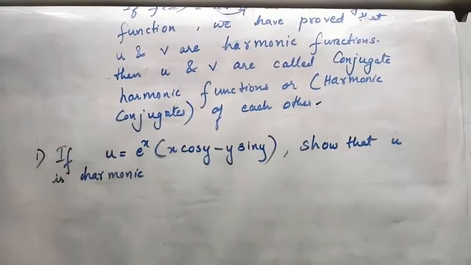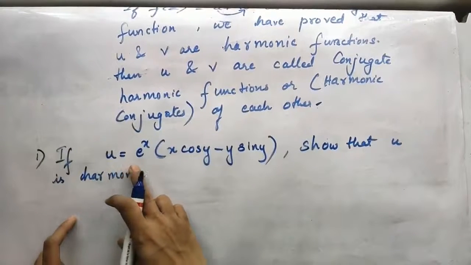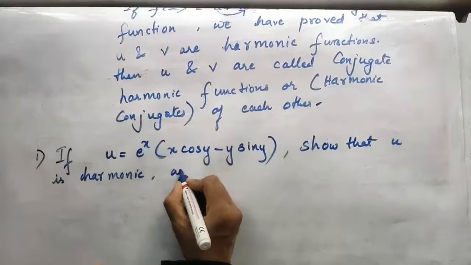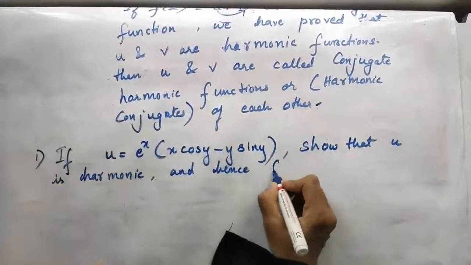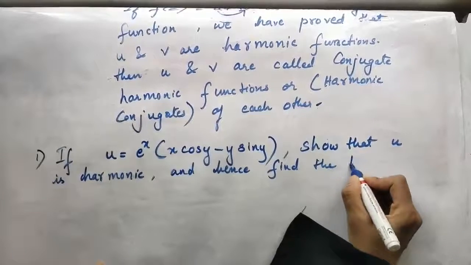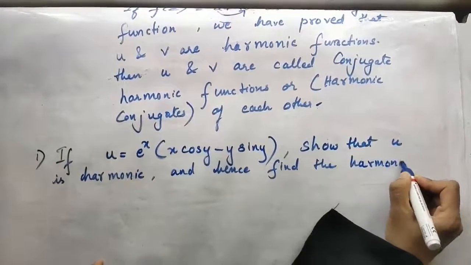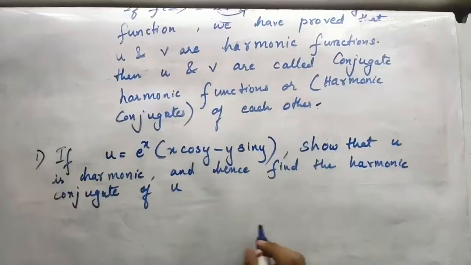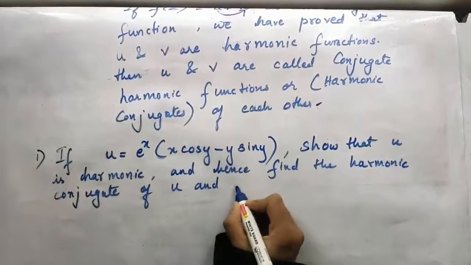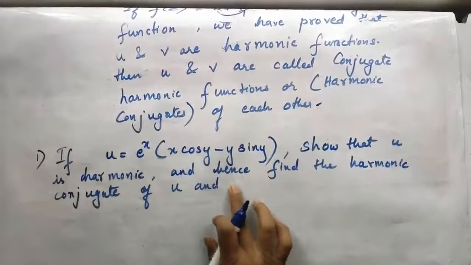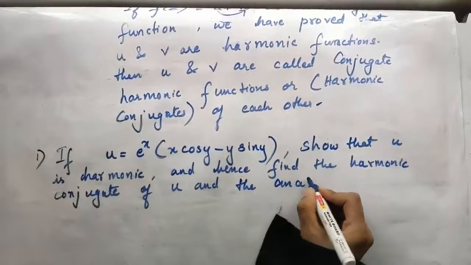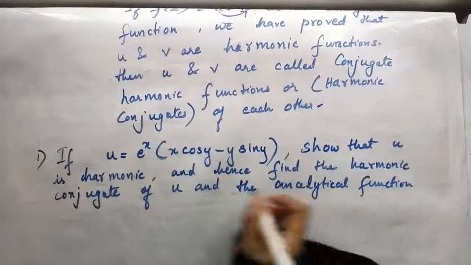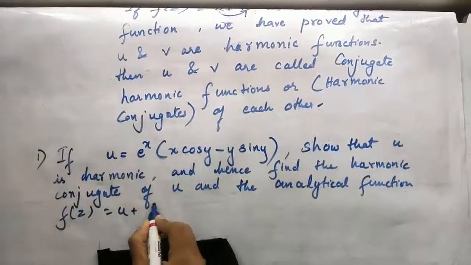If u is equal to e to power x, x into cos y minus y sin y, show that u is harmonic and hence find the harmonic conjugate of u and the analytic function f of z, where f of z is equal to u plus iv.